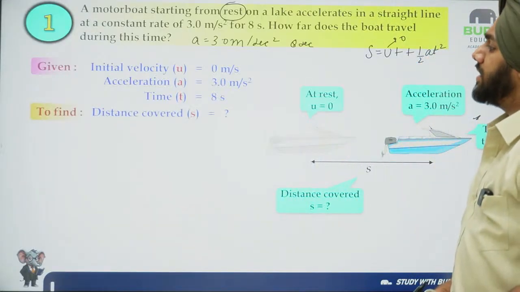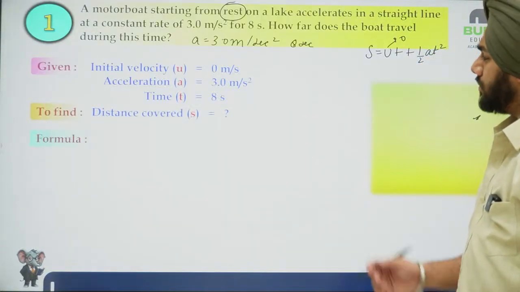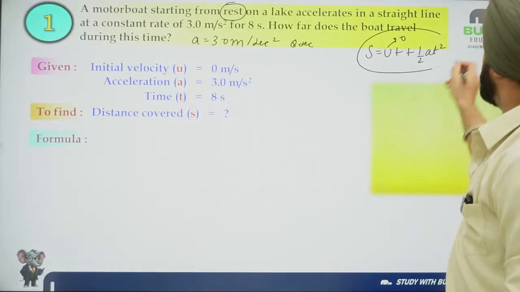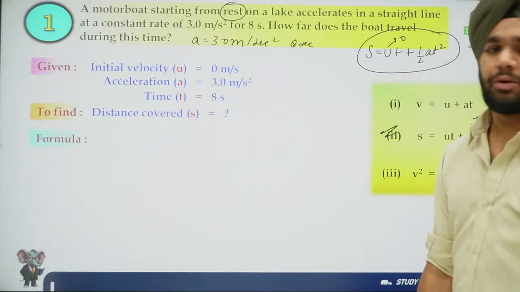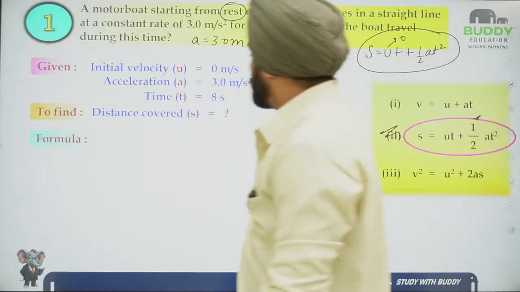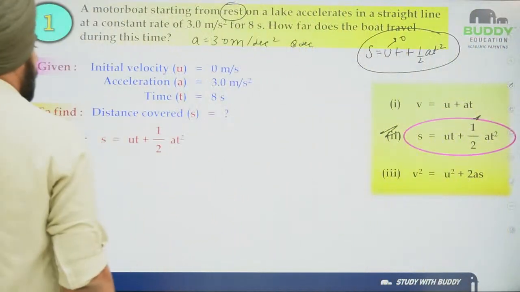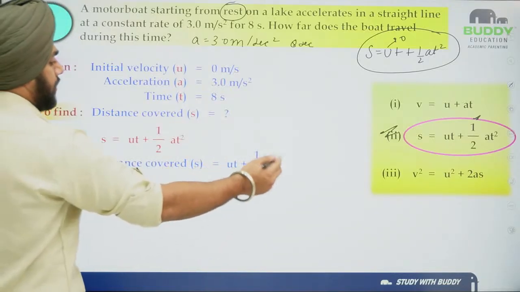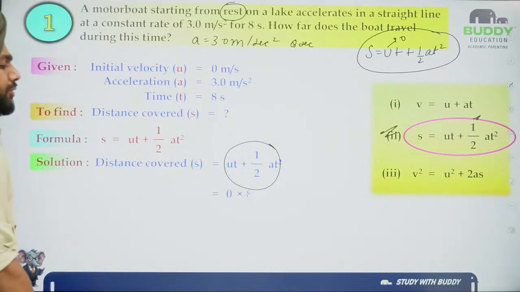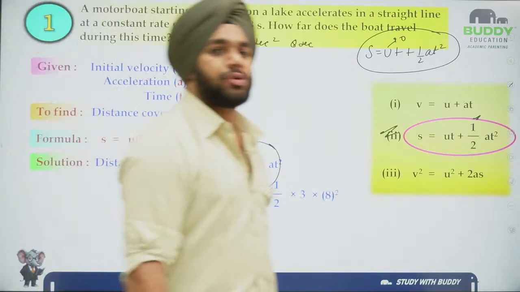So to find the distance covered, we can use this formula. This is very simple, right? They are using the second equation of motion. Just put the values in the formula and you will get the distance covered. ut plus half at square: 0 into 8 plus half into 3 into 8 square.